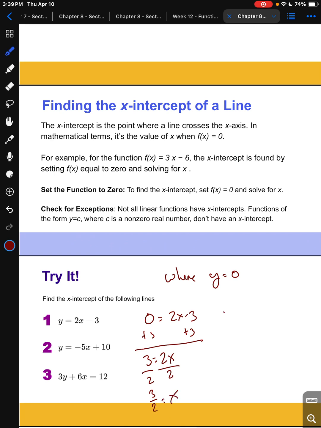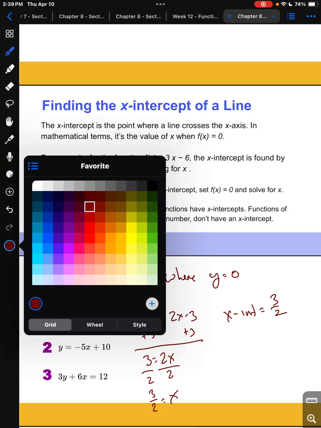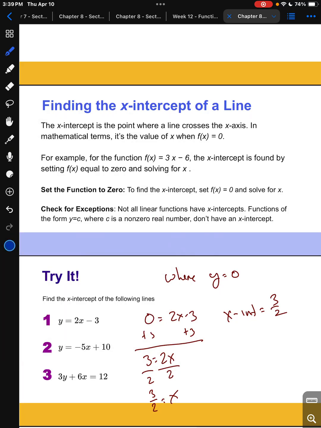So my x-intercept equals 3 halves. This last one down there, 3y plus 6x equals 12. Let y equal 0 and solve for x. So x is 2. So the x-intercept here equals 2.